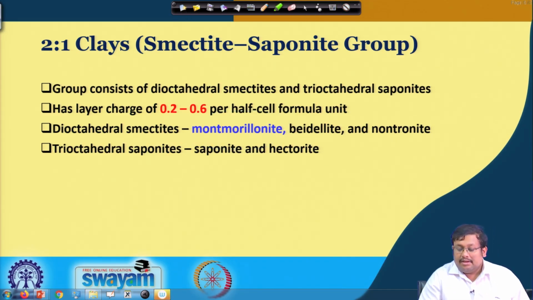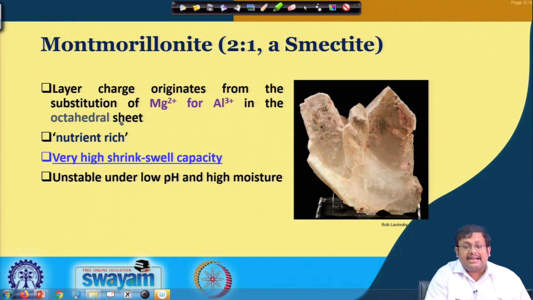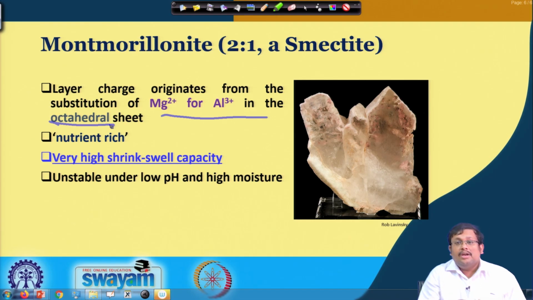So, if we move ahead and see in detail about montmorillonite, the layer charge basically originates from the substitution of magnesium for aluminum in the octahedral sheet. So, here the isomorphous substitution mainly goes on in the octahedral sheet.